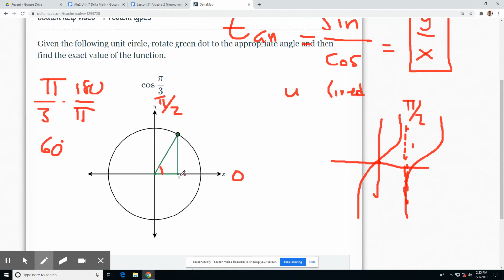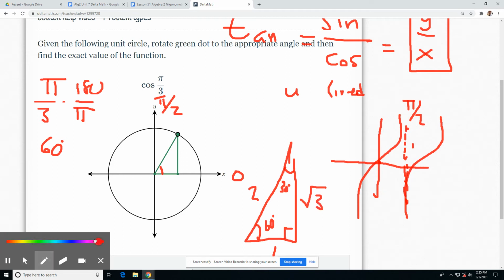All right. So 60 degrees, this is our reference angle style problem. So we would look at it as a special right triangle. This is 60. This is 30. This is 90. And this is 1, 2, radical 3.